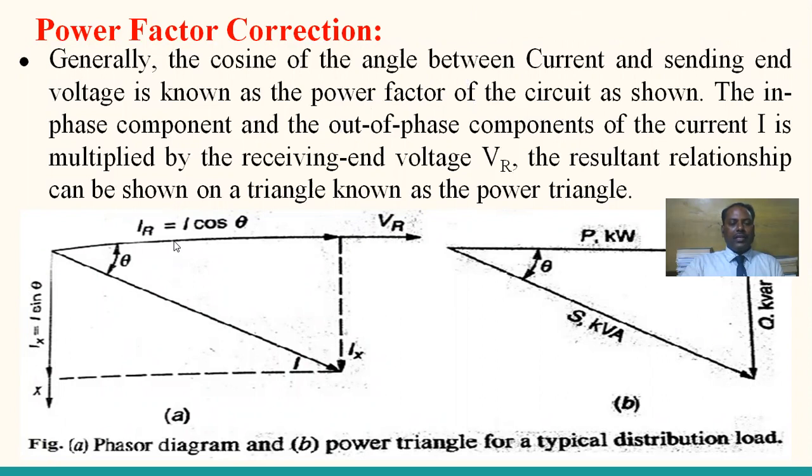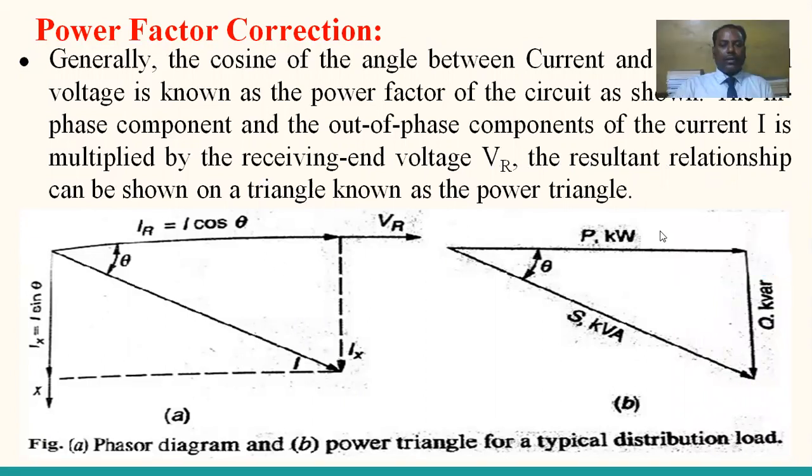The angle between voltage and current is theta, so the in-phase and out-of-phase components of current I are multiplied by the receiving end voltage VR. The resultant relationship can be shown on a triangle known as the power triangle.